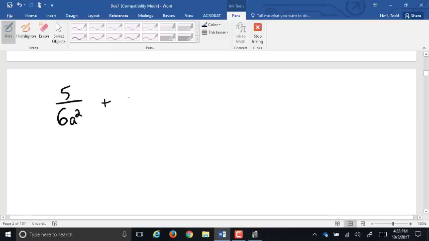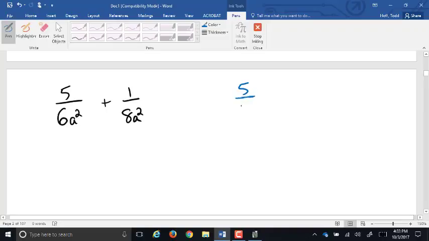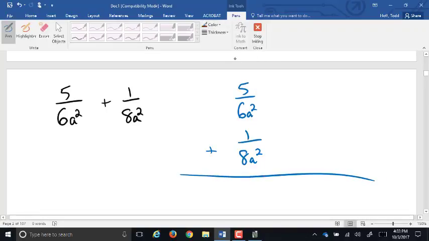So let's try 5 over 6a squared plus 1 over 8a squared. Our common denominator, if I look at my 6a squared and my 8a squared, for common multiples, remember we would factor.